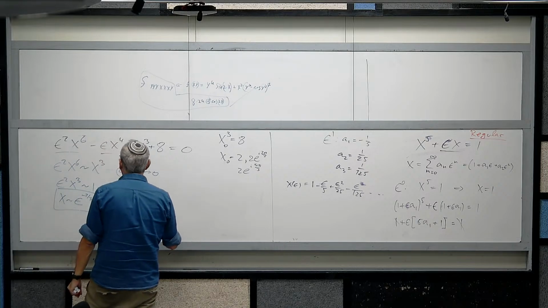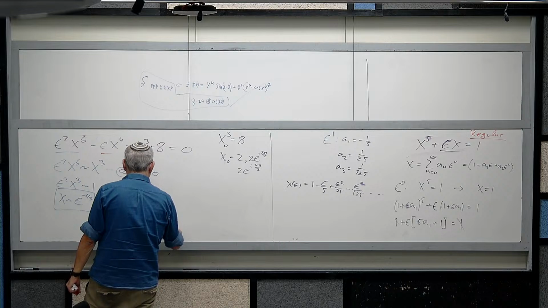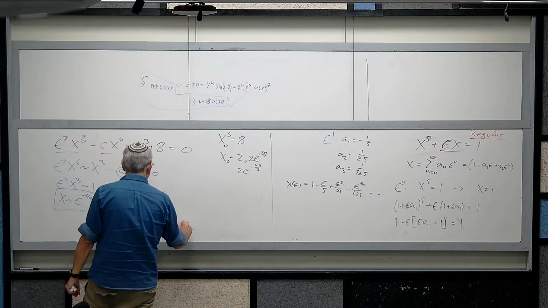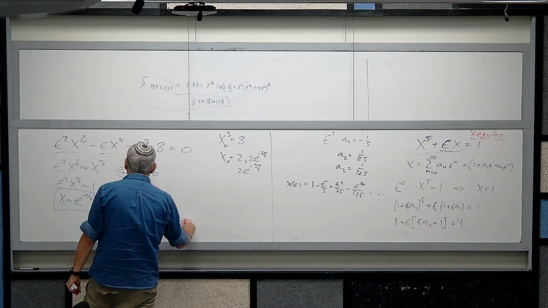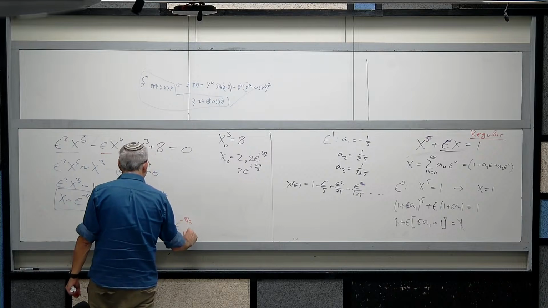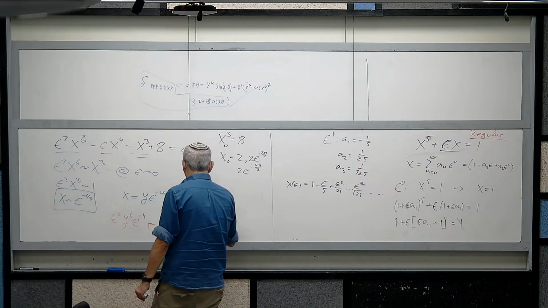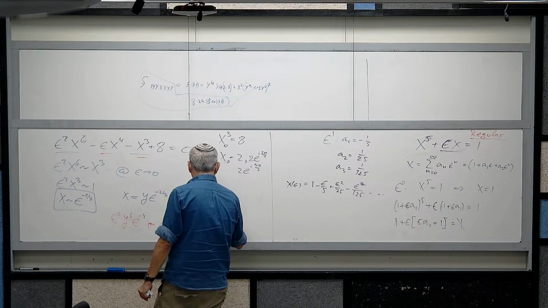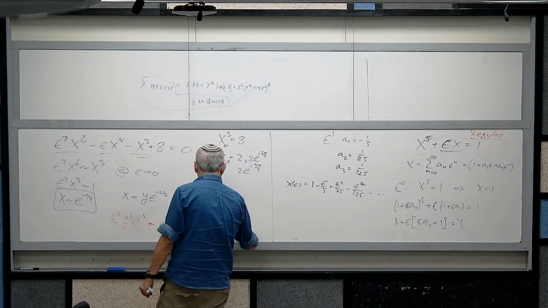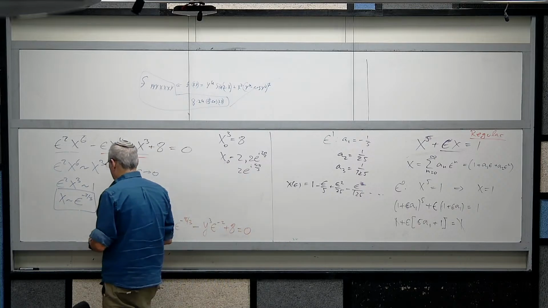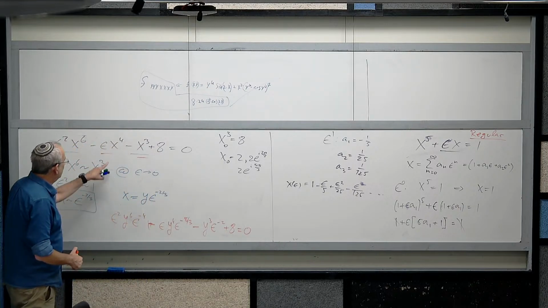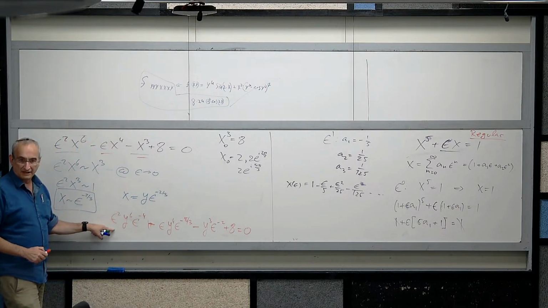Minus epsilon times y to the 4 times epsilon to the minus 8/3, minus y to the 3 times epsilon to the minus 2, plus 8 equals 0. This is the new equation in terms of y.